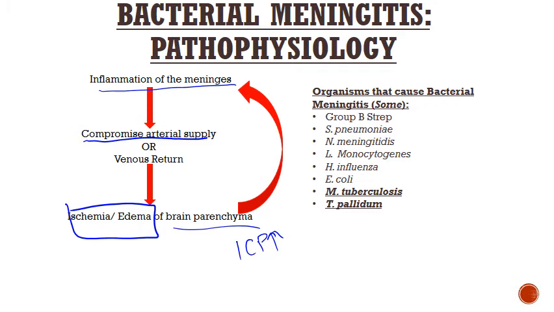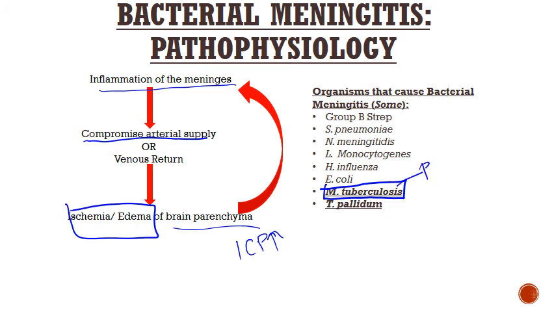Okay, so now that we know what bacterial meningitis is, we're going to focus on some examples of it. I don't really go into them in detail in the notes because we've talked about one of them a lot and one not so much, but Mycobacterium tuberculosis we've discussed before. This is one of those atypical bacteria. Remember, we're talking about those acid-fast rods. It can cause meningitis, and it actually causes a very specific type of meningitis.